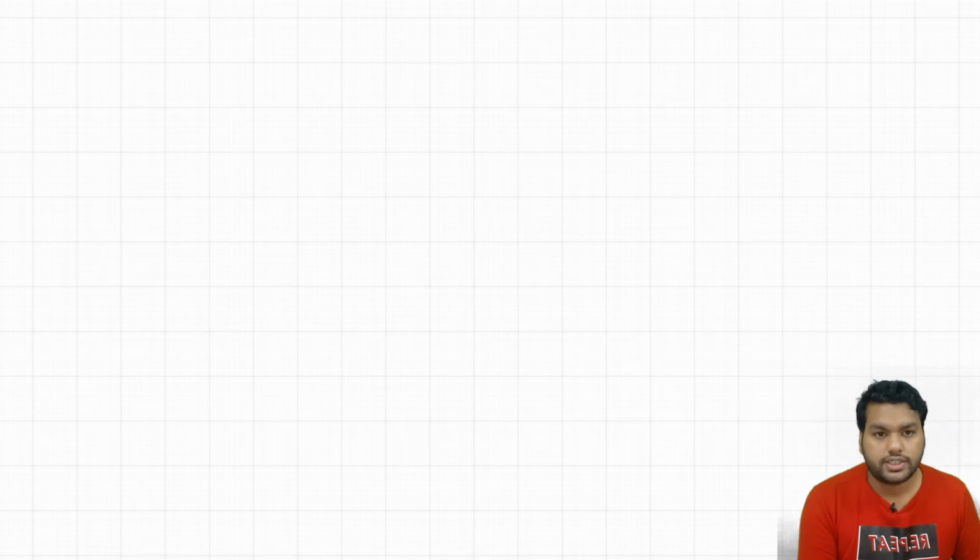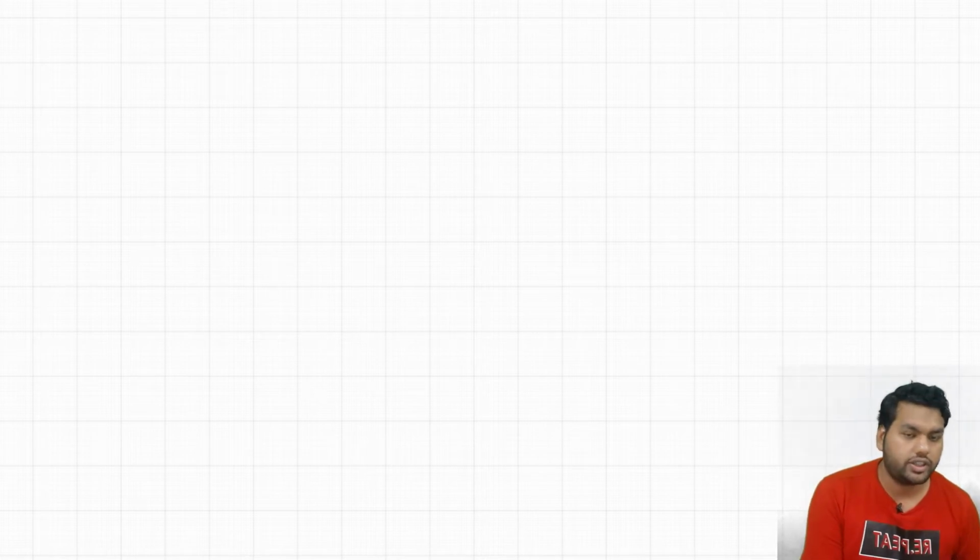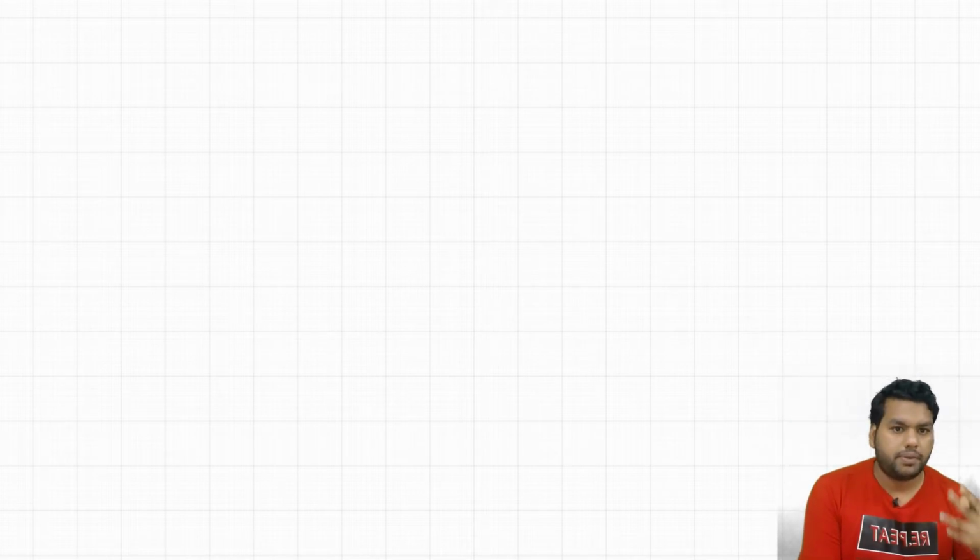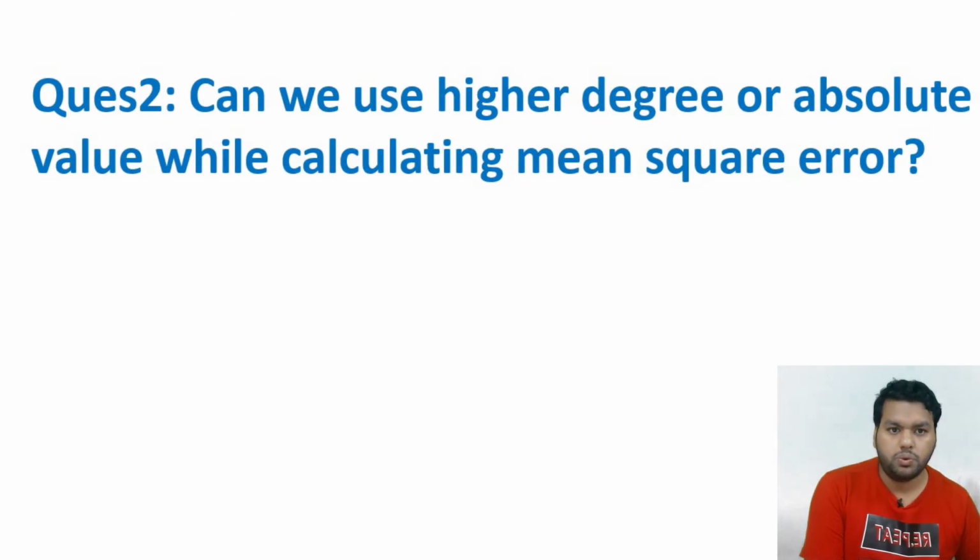The second question is a follow-up question, because you told that you use the mean square error as the loss function while building the linear regression model. So what is the formula for the mean square error? Mean square error is the summation of y minus y cap whole square. Now the question comes: can we use a higher degree in place of 2, or can we use the absolute value of yi minus y cap?